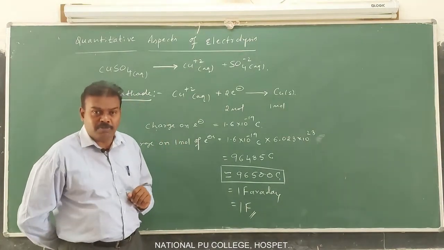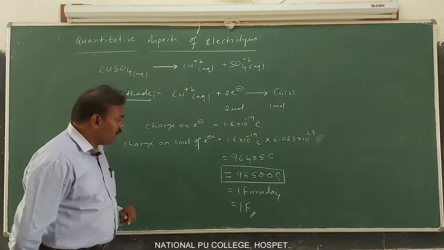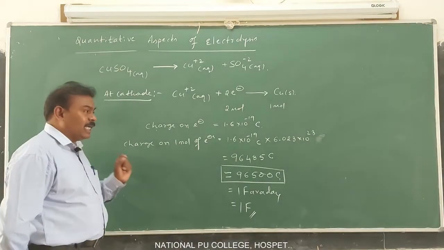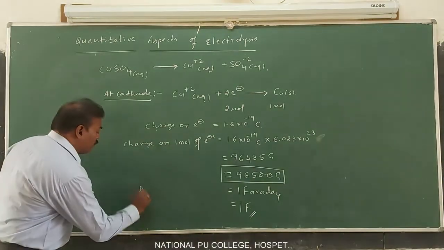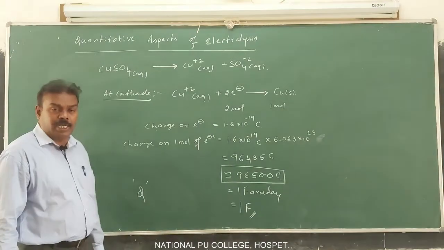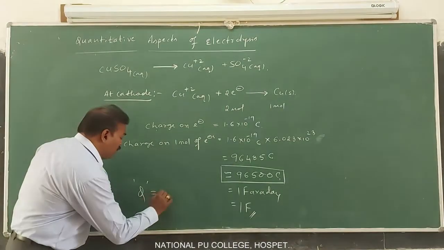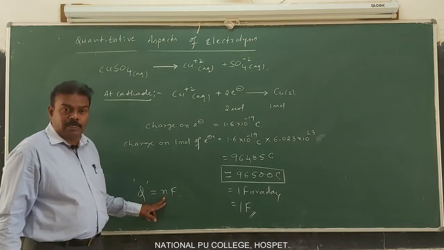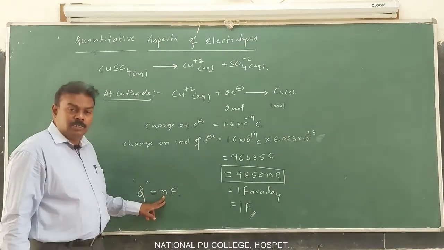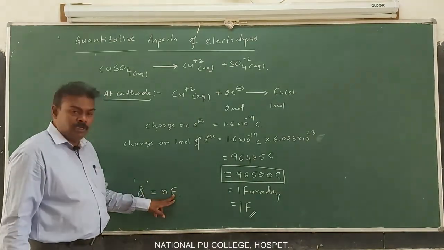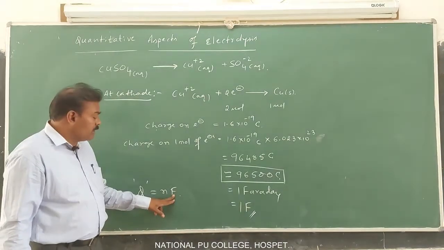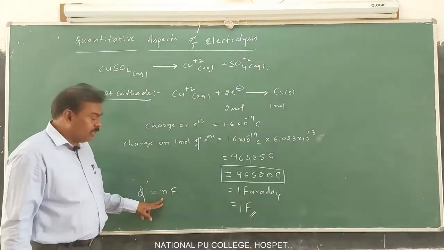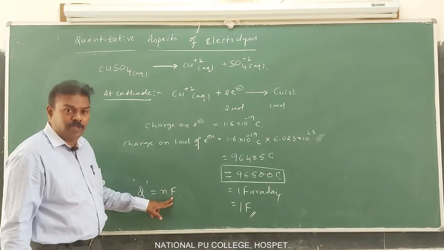Quantitative aspects of electrolysis. The quantity of electricity or charge flowing through the wire is given by the notation Q. Q is equal to n into F, where n is the number of moles of electrons. If 1 mole of electrons is passed, that is 1F of electricity. If 2 moles of electrons are supplied, that is 2 Faraday of electricity.